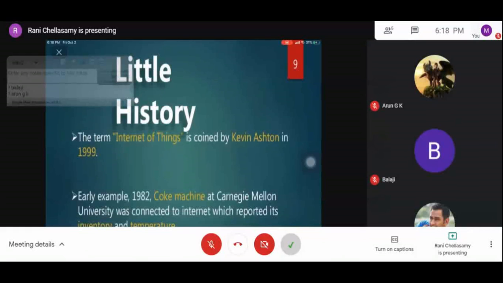It was a machine connected to the internet which reported its inventory and the temperature of that particular machine. Since it is connected to the internet, all this inventory and temperature information is collected and reported.